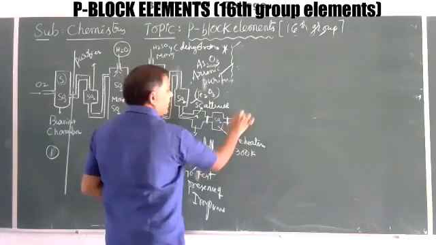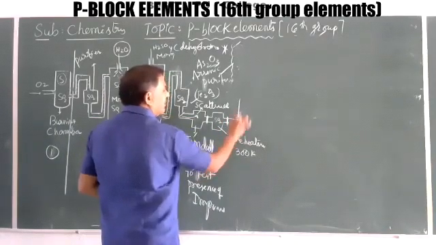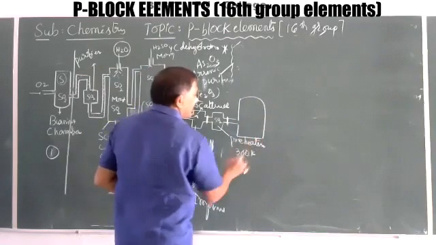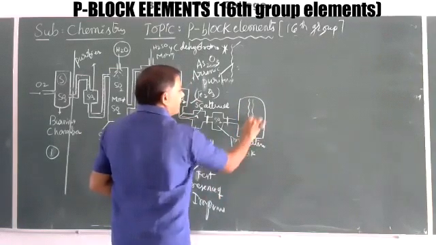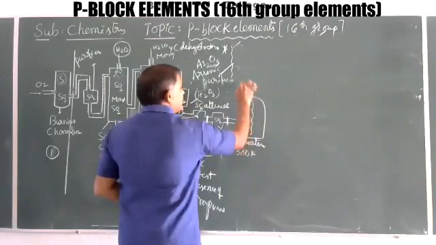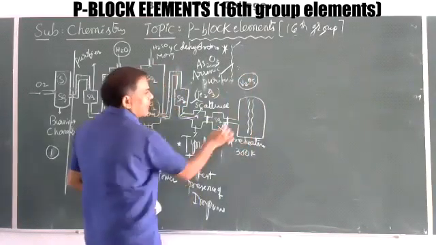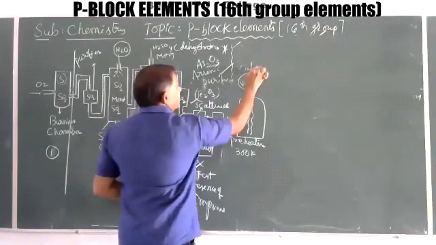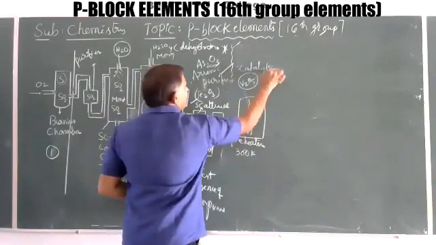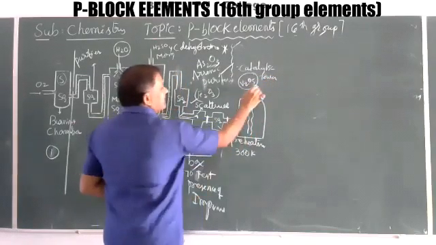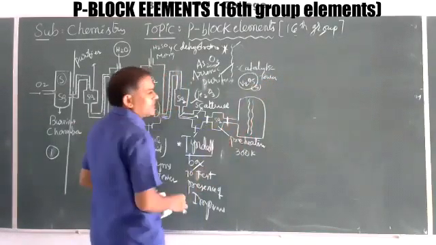This is passed through one important chamber that is called a catalytic tower. Here it contains vanadium pentoxide, V2O5. This is called a catalytic tower. This catalytic tower contains solid vanadium pentoxide.